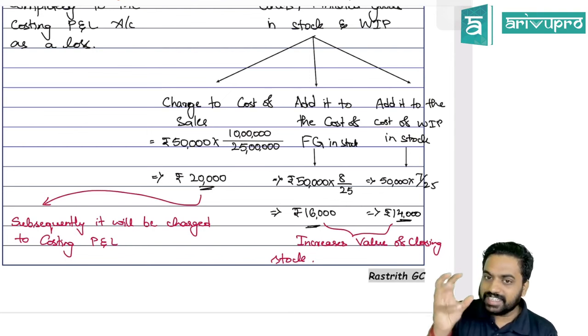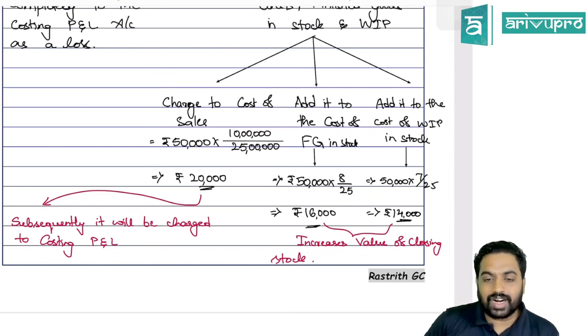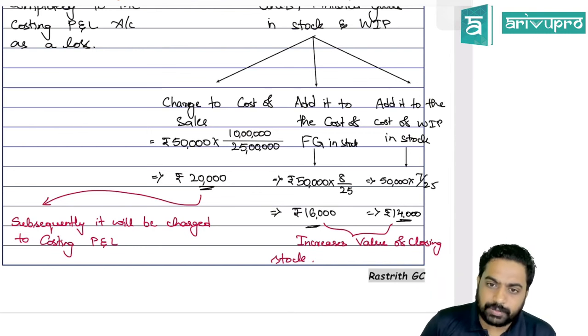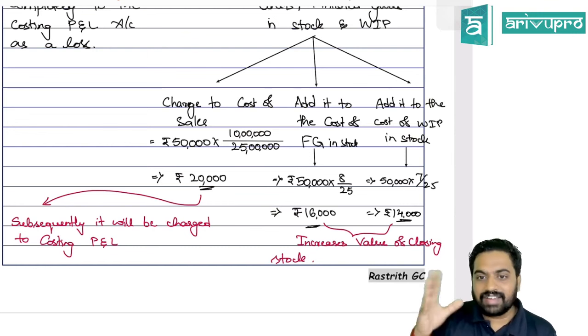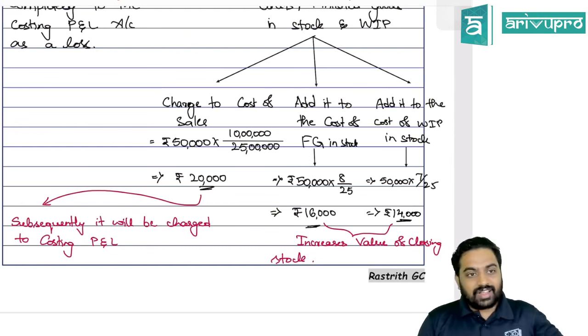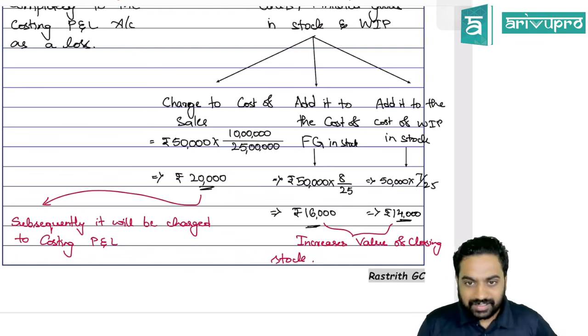Can we charge directly the service department related expense to the final product, sir? The answer is big no. Why? Because it doesn't vary with the units produced. That's why what we are going to do, sir, this service department cost we are going to charge to the production department.